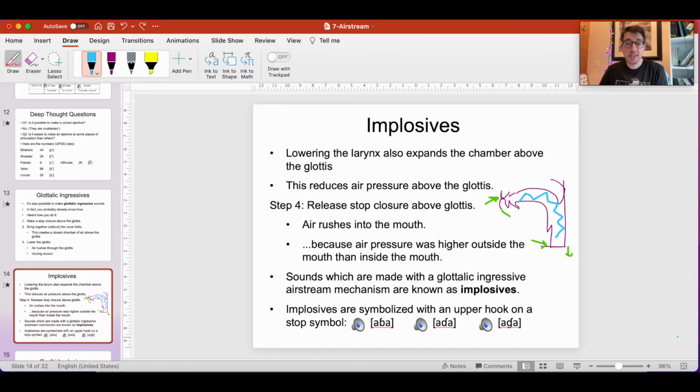Because of that, when you release the stop closure, when you release the lips so they are no longer touching, you have air rushing into your mouth, and that's why we produce an ingressive sound. So that's the mechanism of the ingressive sounds.